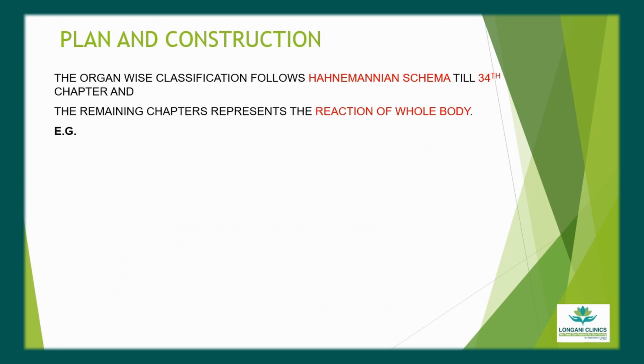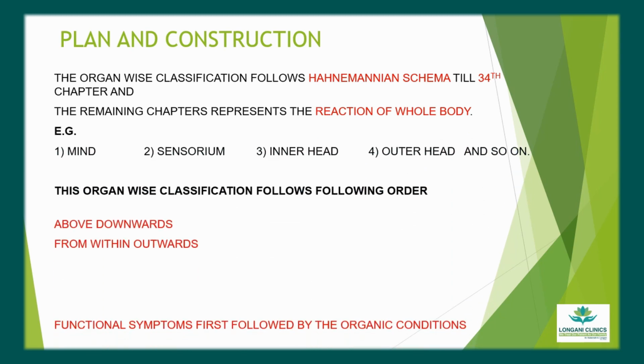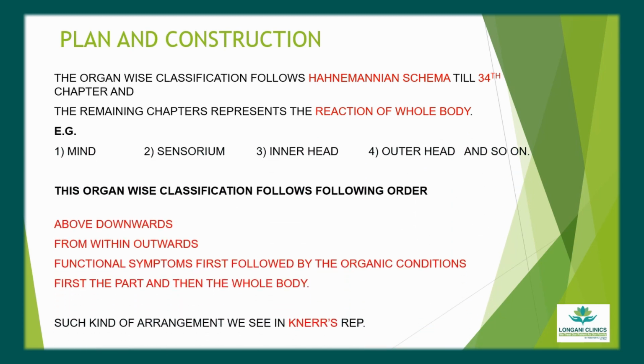Plan and construction. The organ-wise classification follows Hahnemannian schema till 34th chapter, and the remaining chapters represent reaction of the whole body. For example, mind, sensorium, inner head, outer head, and so on.